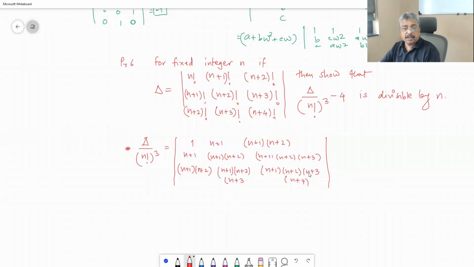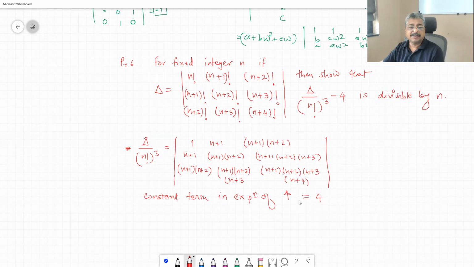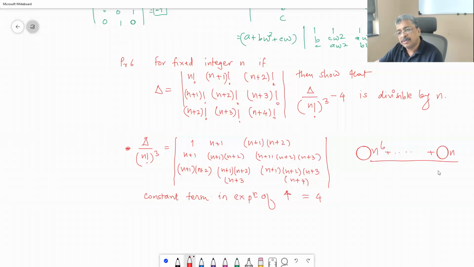Okay, and if delta upon n factorial raised to 3 minus 4 is to be divisible by n, then the constant term in the expansion of this delta should be equal to 4, so that if you take that constant term to the LHS, then you have something into n raised to 6, plus all the rest will be something into n, which is divisible by n.